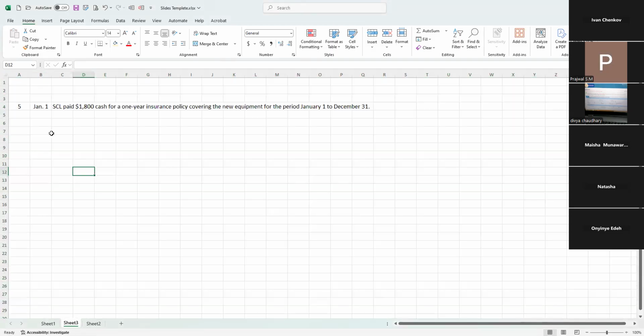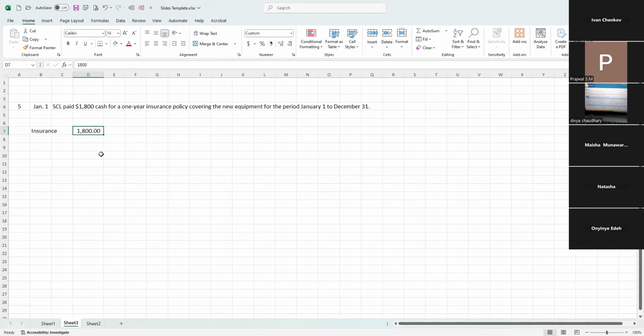Now, how much was the value of the insurance? 1,800. What's the period? Over 12 months, or 1 year. Annual, right? That's our annual insurance. What does annual mean?